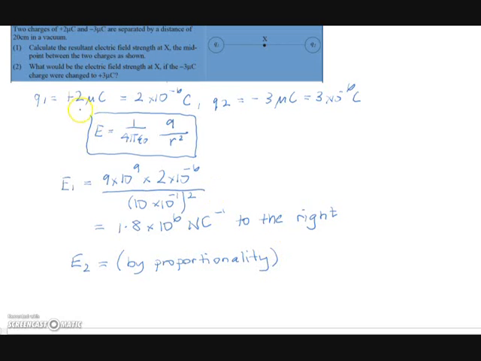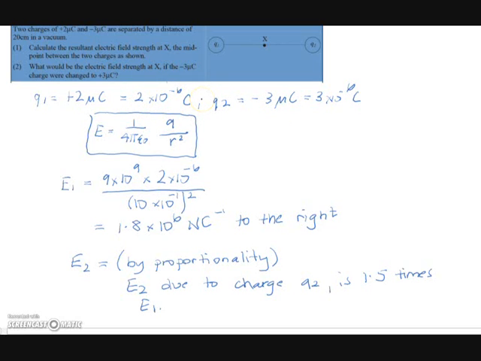Because we've got one that's 2 microcoulombs and one that's 3 microcoulombs, we can say that E2, due to charge Q2, is going to be 1.5 times what it was from E1. And that's because 3 is 1.5 times 2.